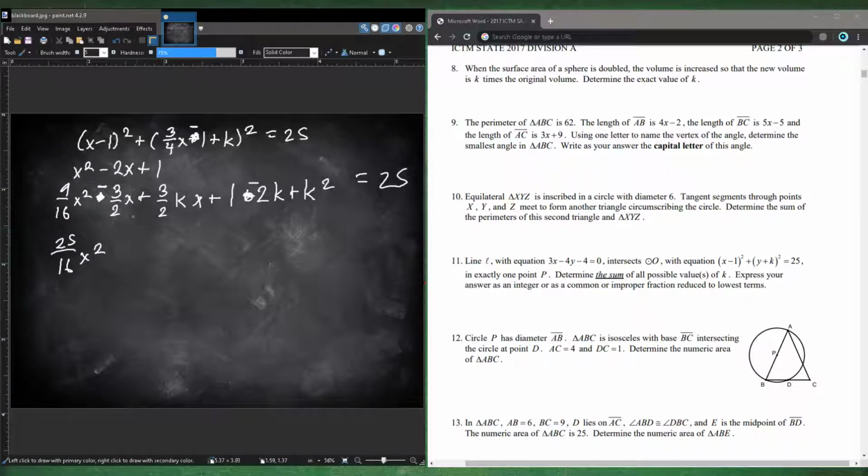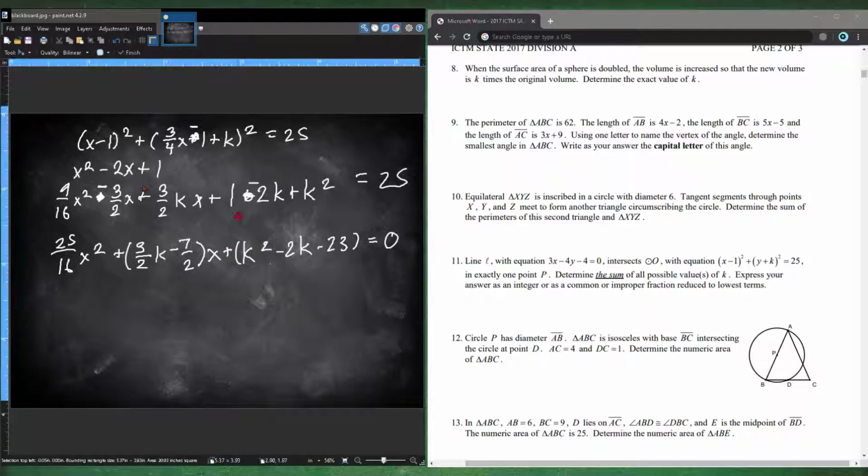Okay, so adding that together, so plus 3/2 k, and then negative 2 plus negative 3/2, so that's negative 7/2 x. And then plus 1 equals 2, minus that 25 equals negative 23. So plus that k squared minus 2k, and then minus that 23 equals 0.